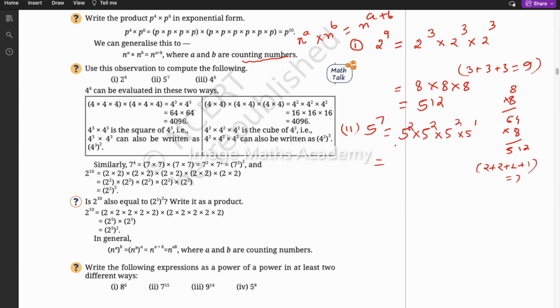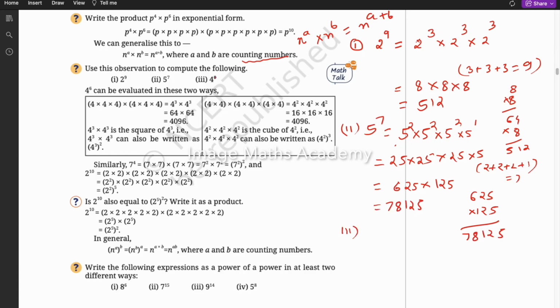So here 5 to the power 2 is 25 multiplied by 25 multiplied by 25 multiplied by 5, which is equal to 25 multiplied by 25 is 625, multiplied by 25 multiplied by 5 is 125. Now 625 multiplied by 125, multiplication करेंगे, answer is 78125.